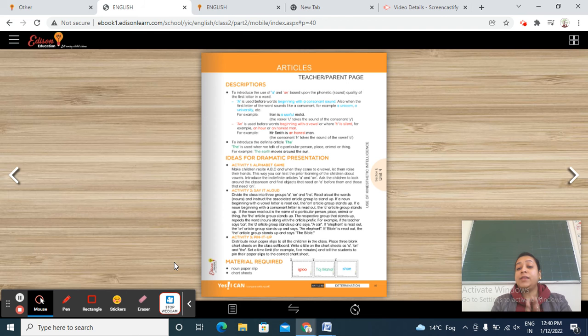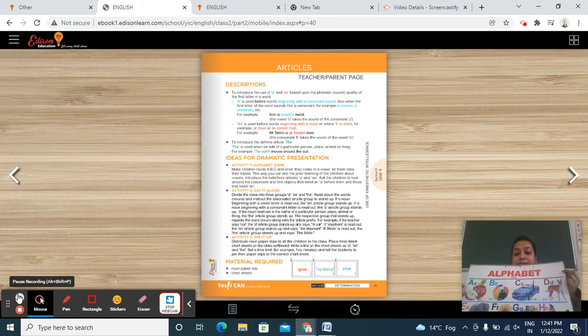Before starting with articles, let's revise the English alphabet. Do you know the English alphabet? Yes or no? So let's revise it, everyone.